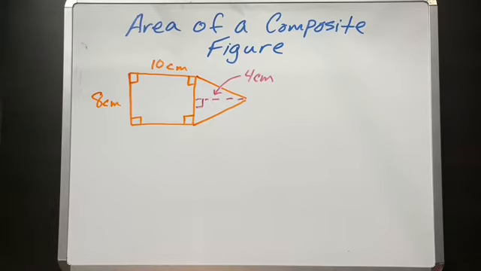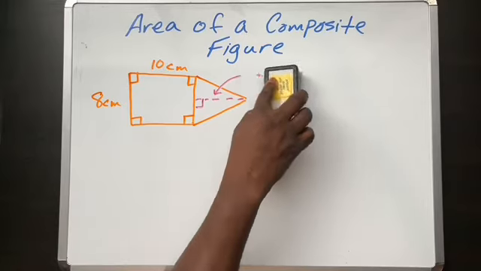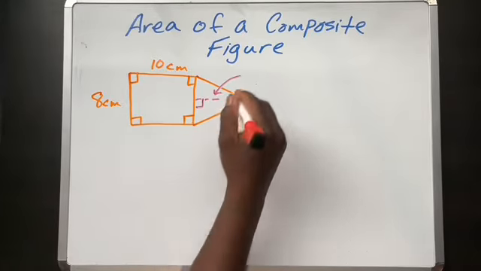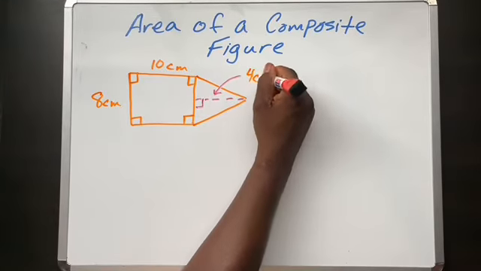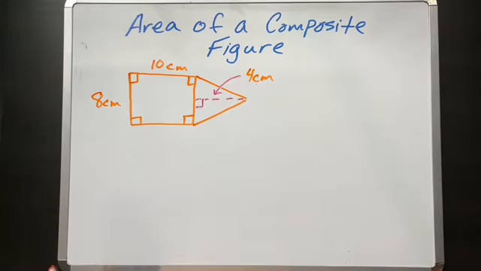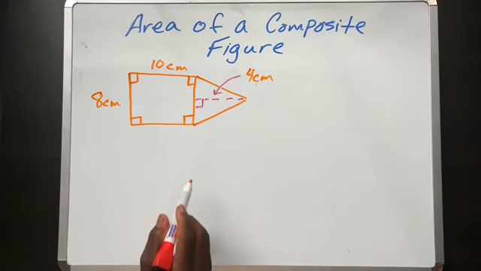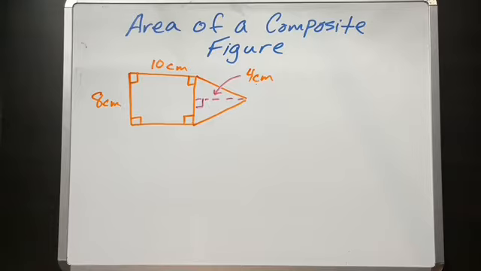I'll make that in orange as well, 4 centimeters. So the height of that triangle is 4 centimeters. Now what we want to do is find the total area of this figure.